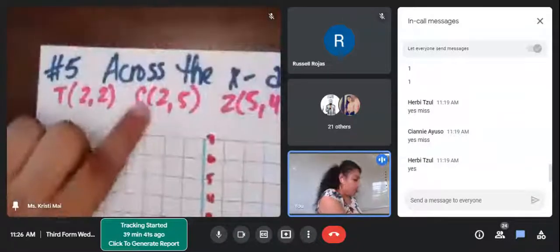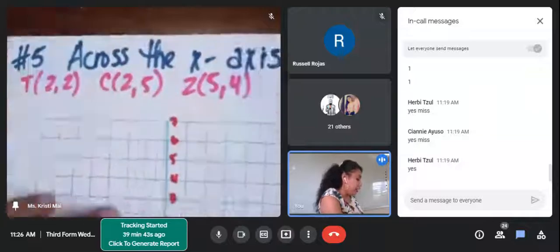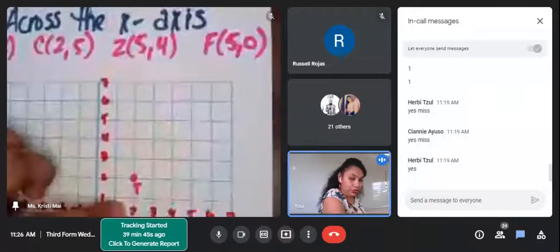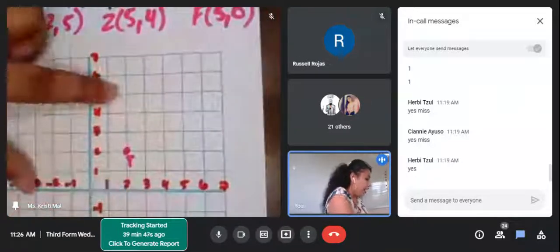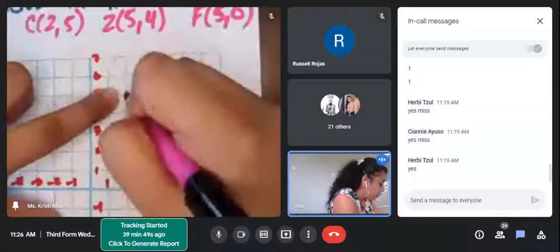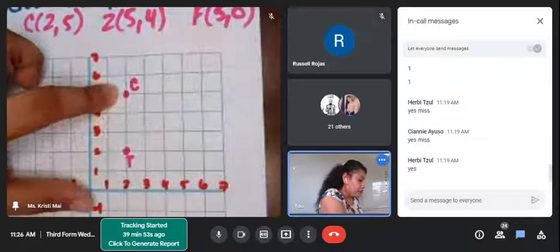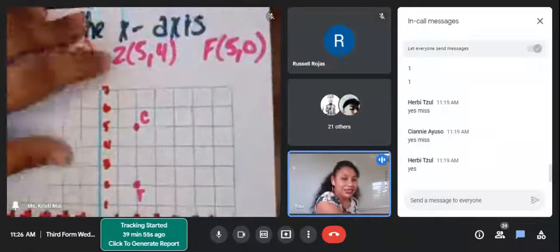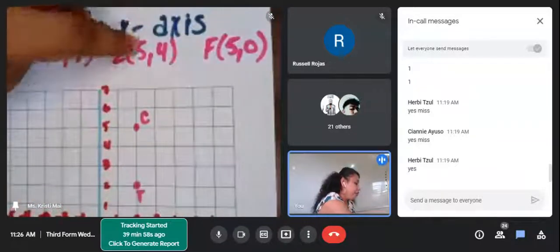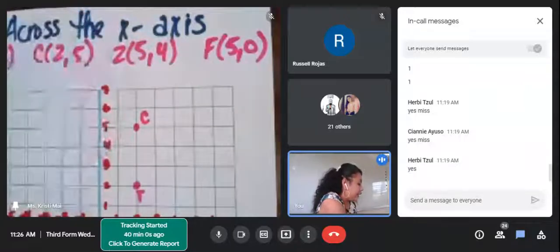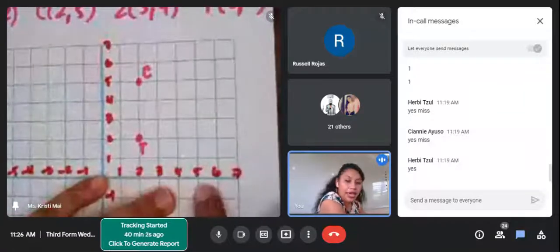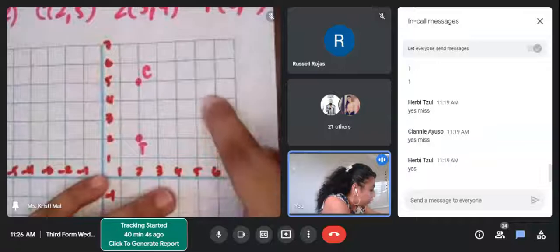I see C is 2, 5. So I go ahead and I find 2 on the X and 5 over here. And I plot this one and I mark it as C. Then it says that Z is equal to 5, 4. So I go ahead and I find 5 on the X and 4 on the y.